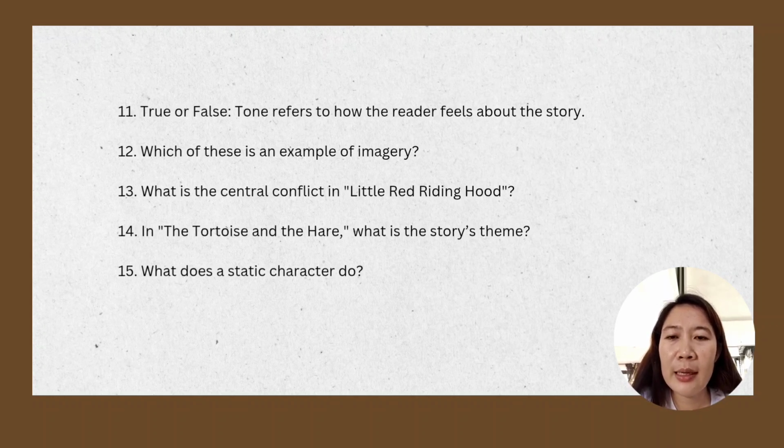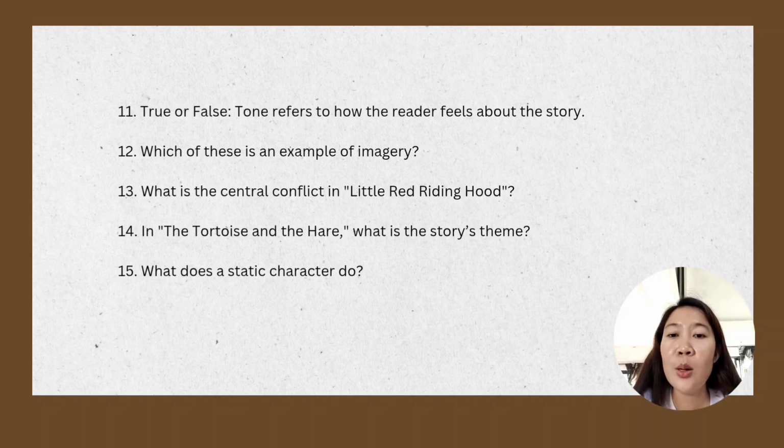Okay, number 13. What is the central conflict in Little Red Riding Hood? The answer is Little Red versus the wolf, or man versus man and nature. So, number 14. In The Tortoise and the Hare, what is the story's theme or the message behind it?